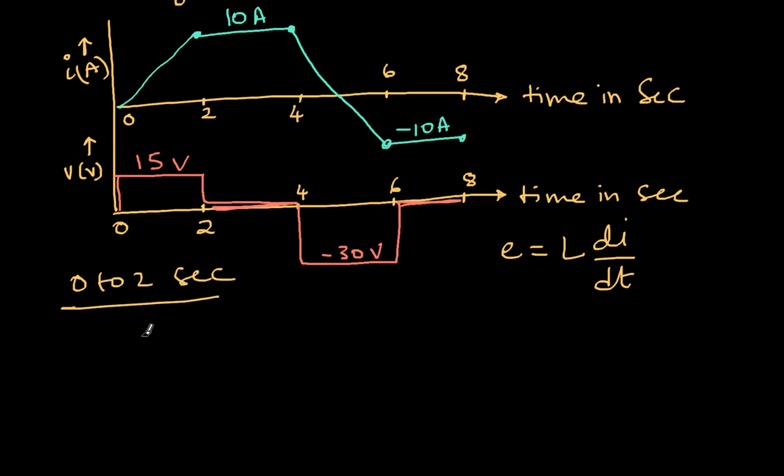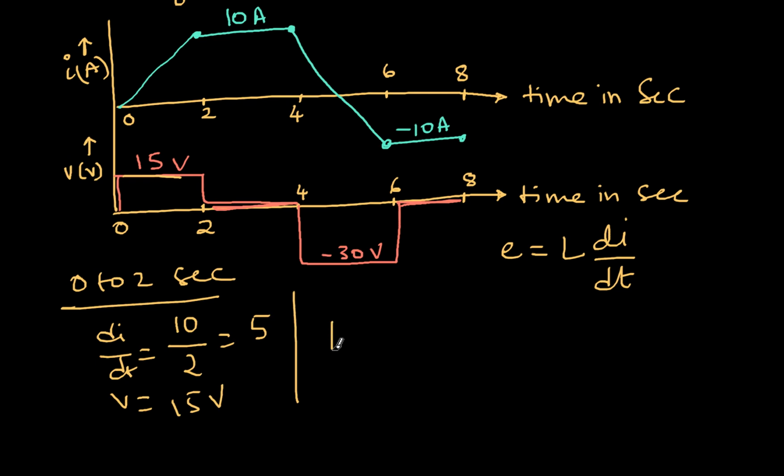So I'm only worried about this part. di by dt is nothing but the current increasing by 10 amperes and the change in time is 2, so this is 5, whereas the voltage is 15 volts, as we can see from here, constant. So therefore what is L? 15 equals L into 5 amperes per second. So therefore L is 3 henries, according to this.